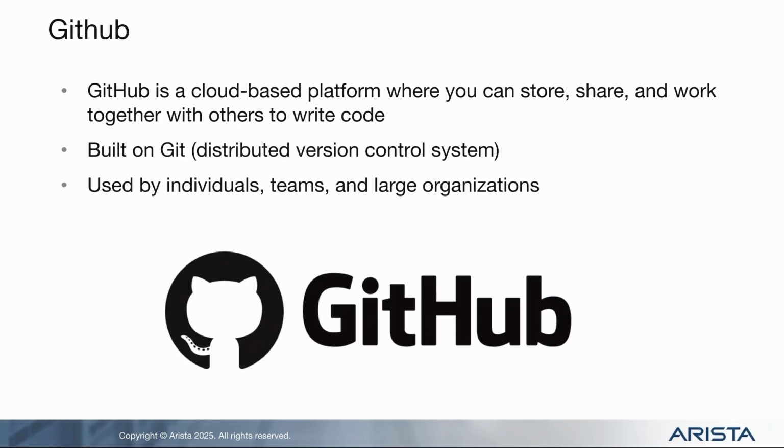So I would assume that most people are already very familiar with what GitHub is. Obviously, it is something that is more well known among developers, but anyone working in IT will probably have an idea about Git and GitHub. GitHub is essentially a cloud-based solution where you can store, share, and collaborate with other people writing code.